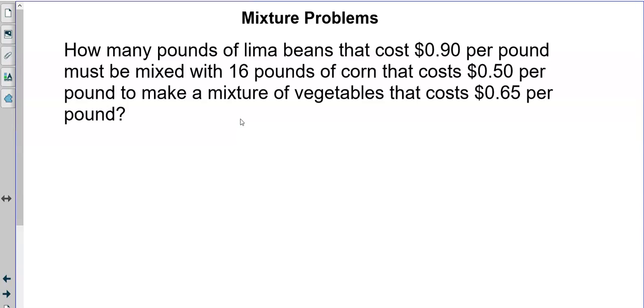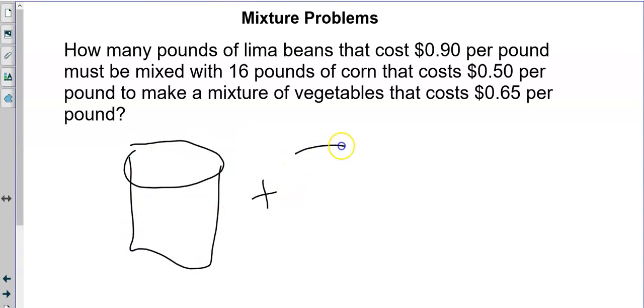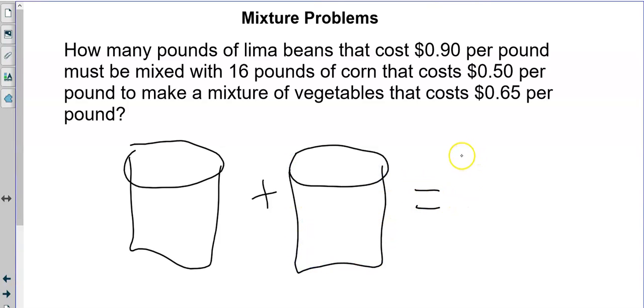So, mixture problem. You've got lima beans, which I don't know why anyone would eat lima beans, and corn, and you're mixing them together to make this beautiful vegetable medley. I like to do this in a very visual way. I usually just draw a picture of a soup can, plus another soup can or a vat, which is going to equal our total.